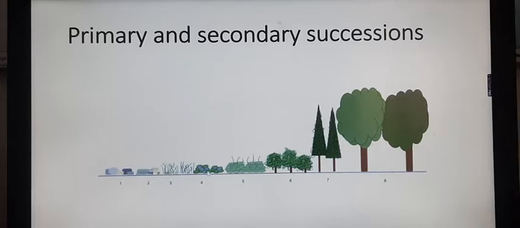Then much bigger plants, then much bigger plants, and like this the final stage came, that is the equilibrium stage, that is the tree. So now this area became fully suitable for the dominant groups of organisms.